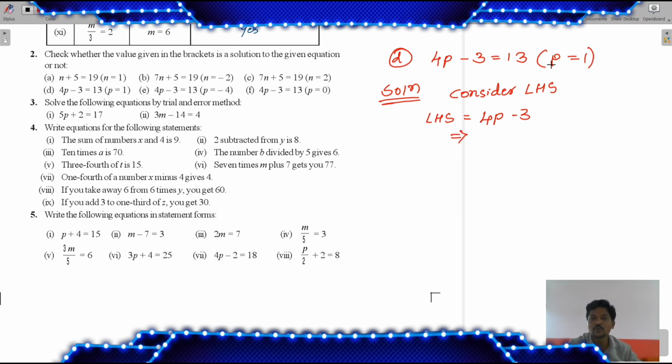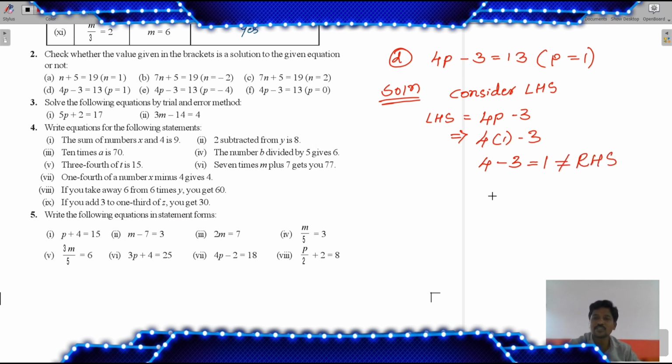We need to substitute the p value as 1: 4 into 1 minus 3. I have replaced p by 1. 4 ones are 4, minus 3. 4 minus 3 is equal to 1. Is it equal to RHS? It is not equal to RHS.